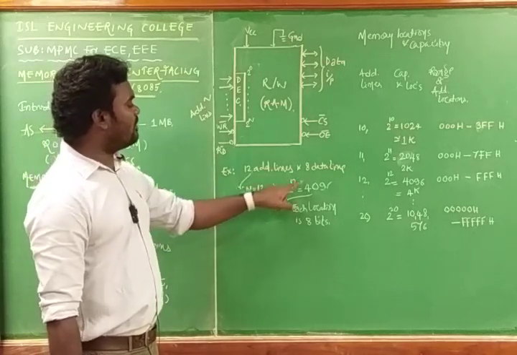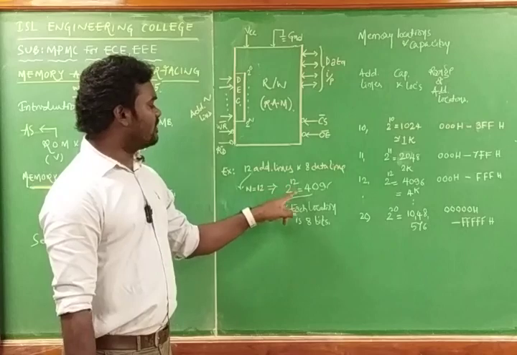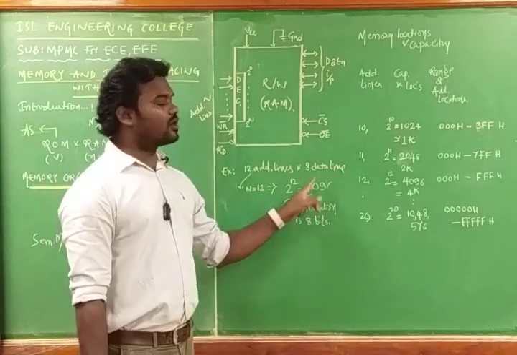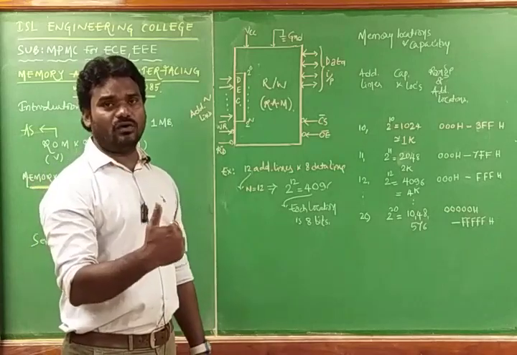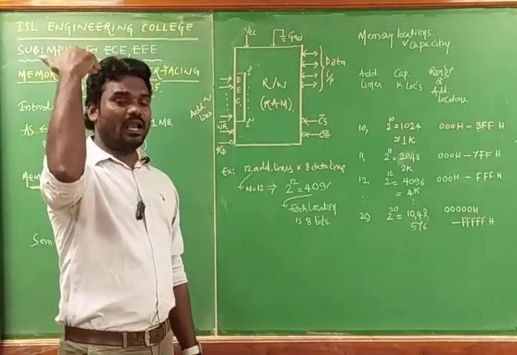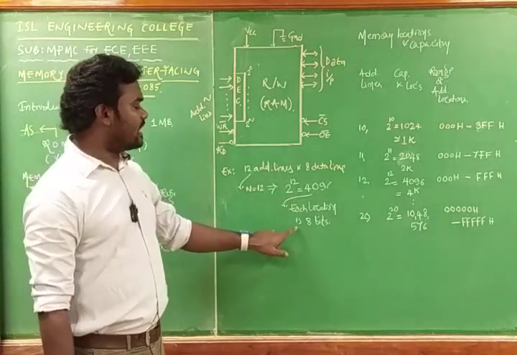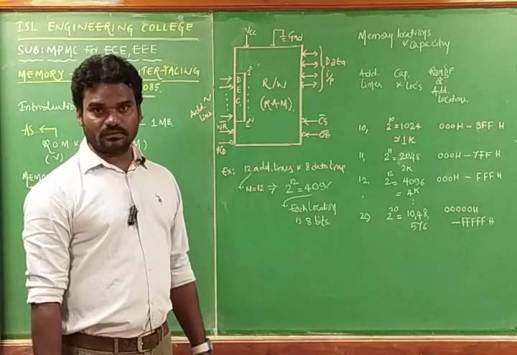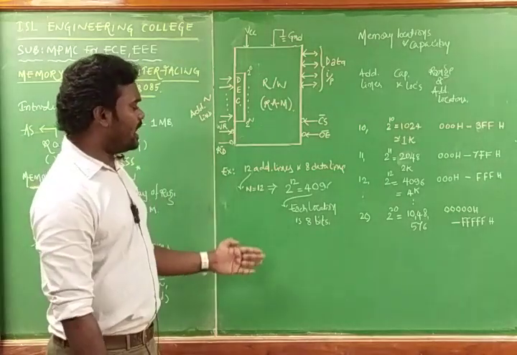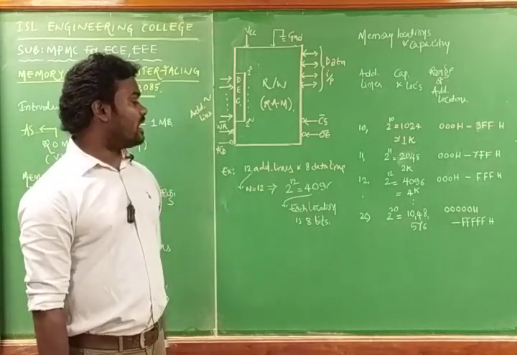How many memory locations can it have? It can have 2 power of 12, which equals 4096 memory locations, from 1 to 4096, and each location is capable of having 8 bits of data.